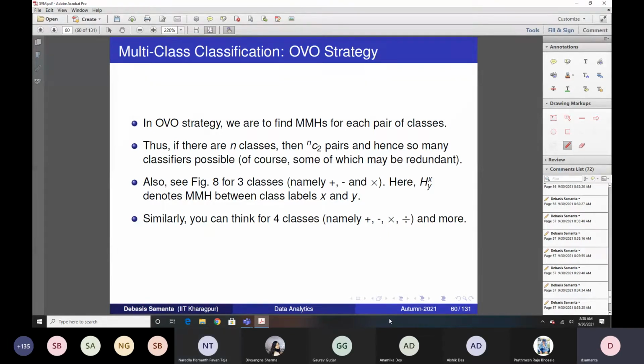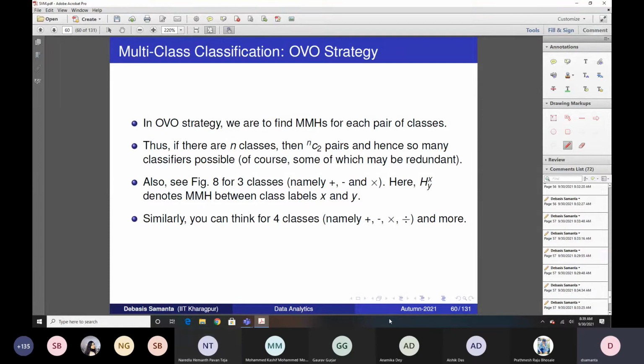Next, ignore plus, and take minus and cross. Take only the training data which belongs to the classes minus and cross, and then obtain another hyperplane using the same linear classifier approach. So considering plus and minus, del 1x is a decision maker.